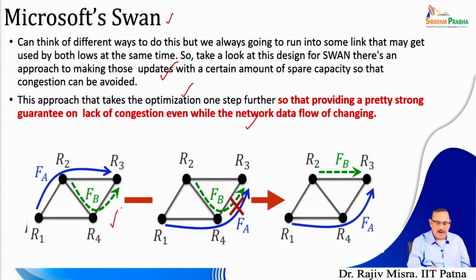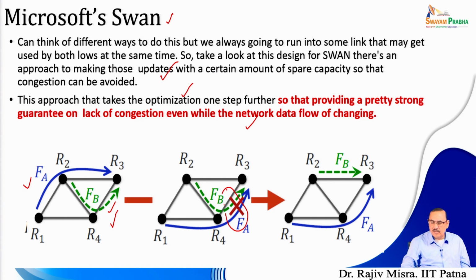You can see that if flow A is running and flow B is running, and the flow is changing, then it is going to share this particular link FA, so FA will not get that kind of capacity.